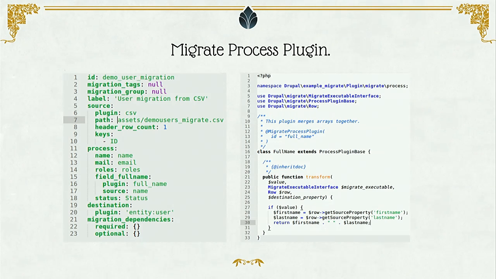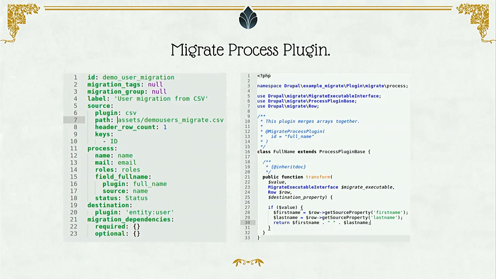You can see that in the process class it says full name and class name, and you have the annotations for what the ID should be, the migration process ID. Then you have a function called transform. Transform is the method that will allow you to tamper the fields.